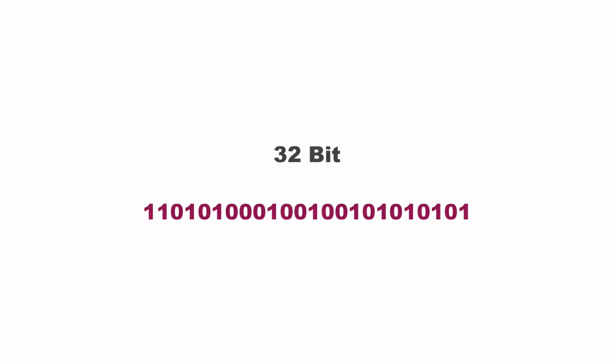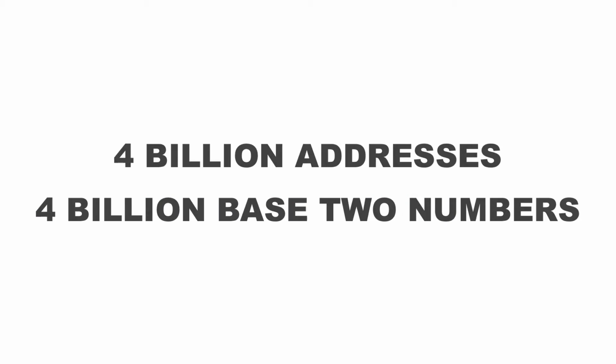But this presents a whole other problem, because we are working with 32 bits. That's IPv4. 32 bits has approximately 4 billion addresses. 4 billion possible 1 and 0 combinations, or base 2 numbers, which means we have approximately 4 billion addresses.